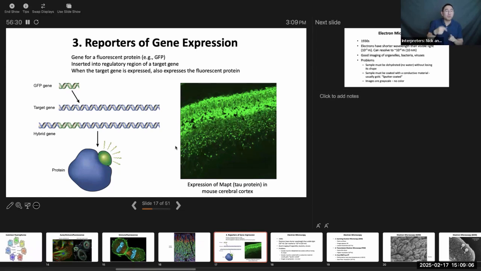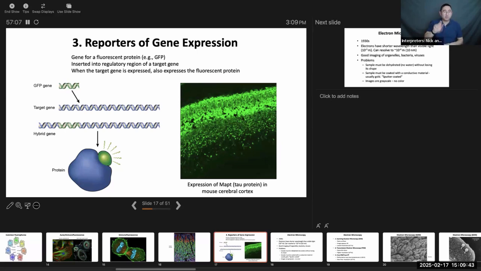So over here on the right, we have a photograph. This is just a regular light microscopy photograph, but with the addition of fluorescence. This is the cerebral cortex of a mouse, so part of the brain of a mouse. And we're looking to see which cells in the mouse cortex are expressing a gene called MAPT, which is the tau protein, an important protein that's implicated in Alzheimer's. One of the features of Alzheimer's is the accumulation of excess tau protein.